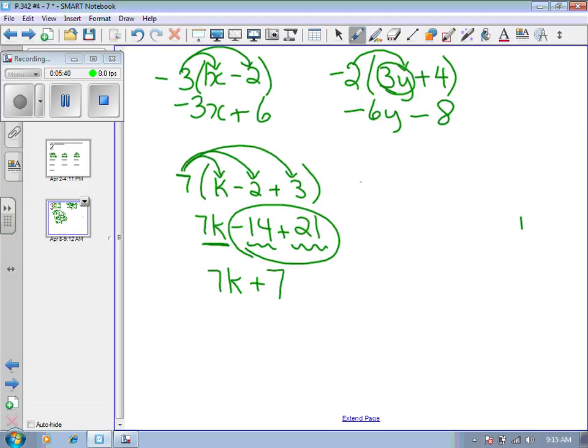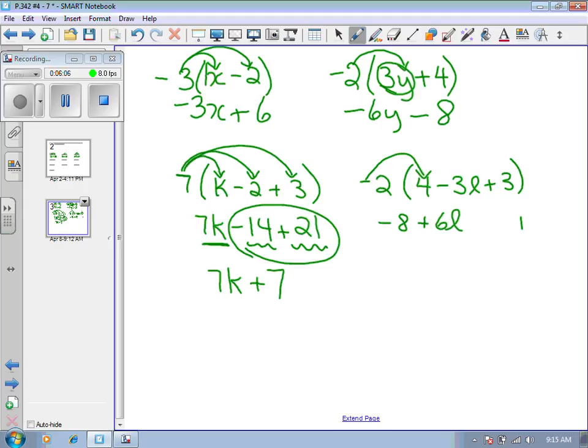One more example, minus 2 times 4 minus 3L plus 3. So let's distribute. Negative 2 times 4 gives us negative 8. Negative 2 times negative 3L gives us positive 6L.